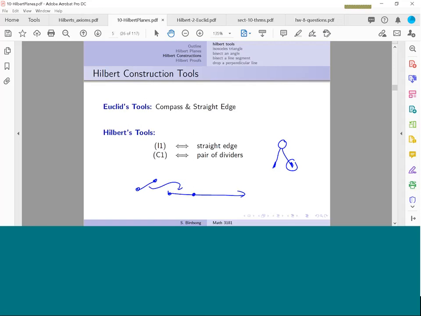So how would you use a normal compass to mimic a pair of dividers? Because I'm not assuming you have a pair of dividers, although if you do, awesome. Just don't draw circles with your compass. So that's literally the thing here with C1. Don't draw circles with your compass. If you want to copy your line segment, just do the normal copy of the line segment.